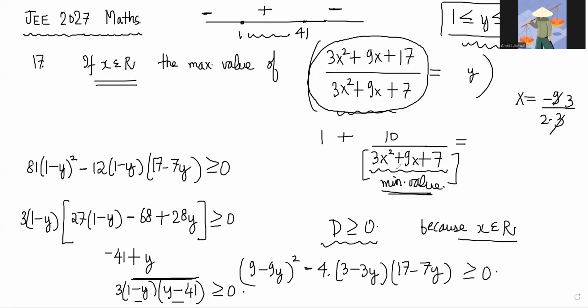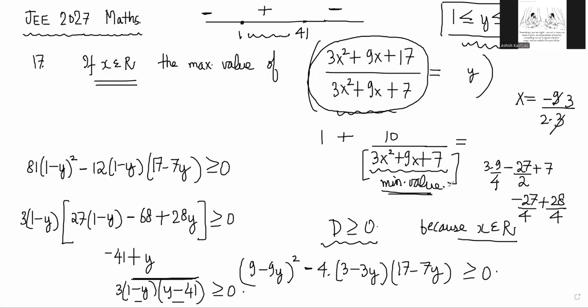Put x equals minus 3 by 2: you get 3 into 9 by 4 minus 27 by 2 plus 7. So 27 by 4 minus 54 by 4 plus 28 by 4, that is plus 1 by 4. Now you can see it is 40 plus 1, 41. So the answer comes faster because we can do this.